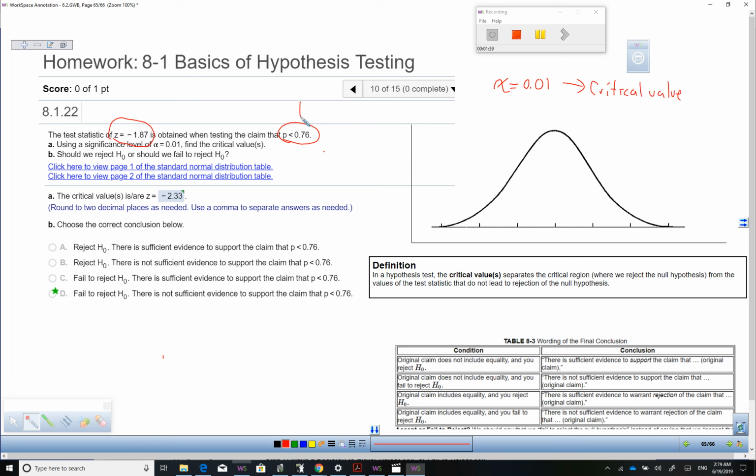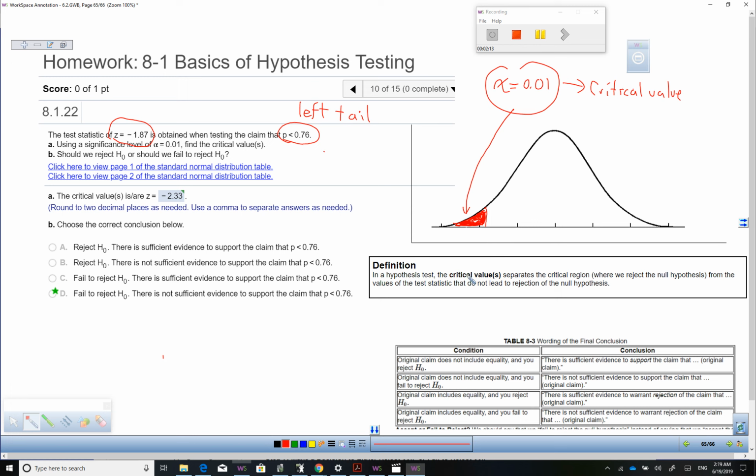We know it's a left tail because the inequality is pointing to the left, is less than. So we know that this is a left tail. And alpha represents that area which is on the left tail, this shaded part. Alpha represents area.